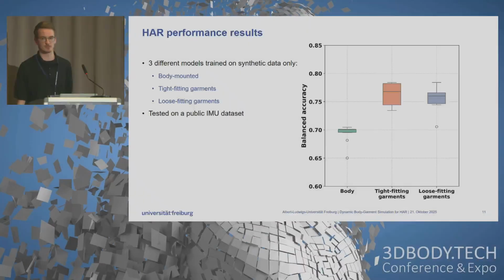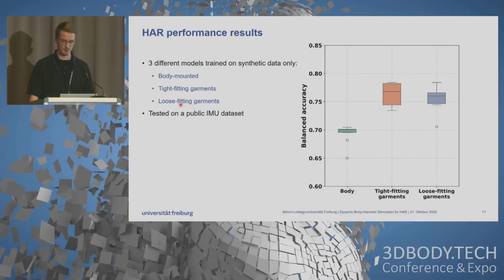So what we did was we trained a deep learning model. Actually, we trained 3 different ones, with different data. The first one is just for the body-mounted sensors, and in training it just gets the synthetic data. Then we have one for the tight-fitted garments and one for the loose-fitting, with just the data from the loose-fitting.